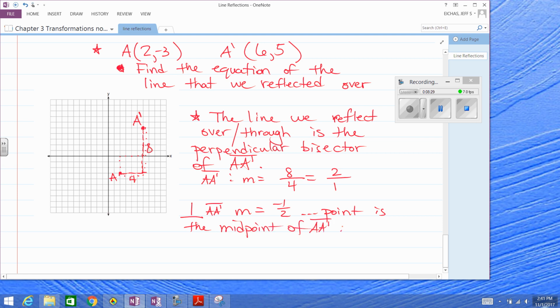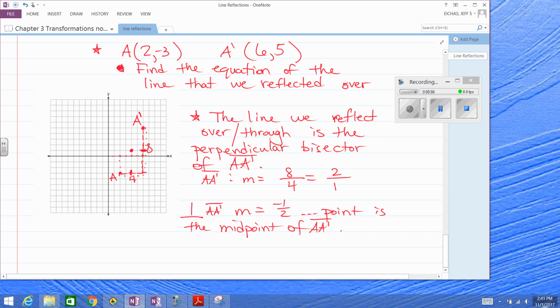Okay, so that midpoint, again, I use the graph if I can, going halfway between. So instead of going 4, I'll go 2, which is half. Instead of going up and down 8, 1, 2, 3, 4, it's right there. Those two meet right there. So that point is on the perpendicular bisector because it's the midpoint of AA'.